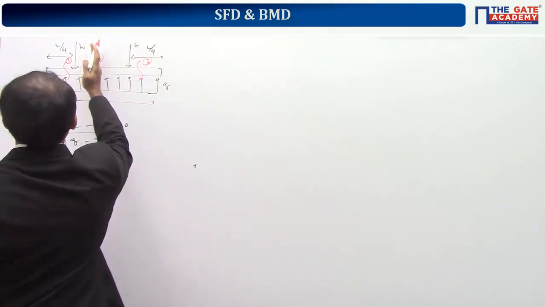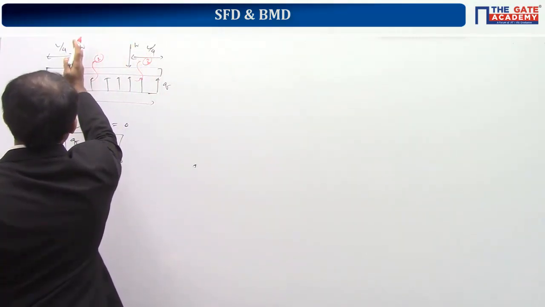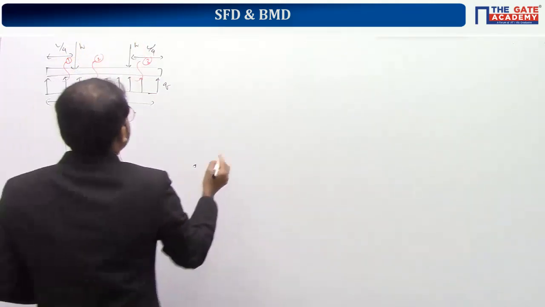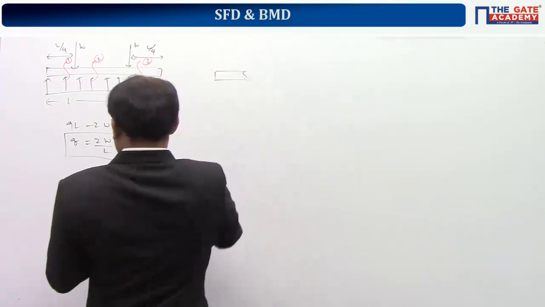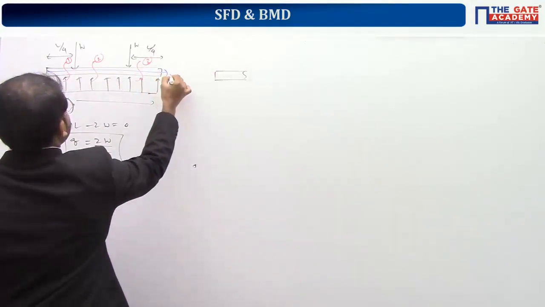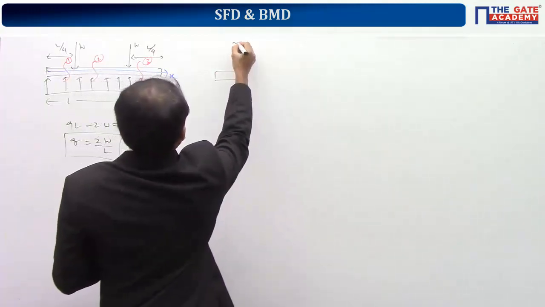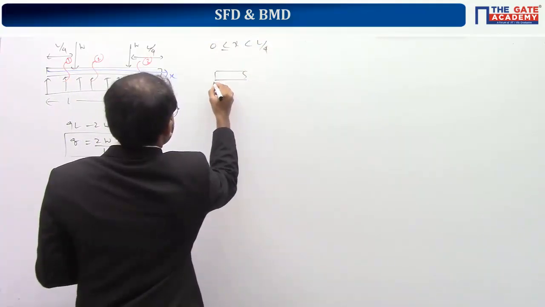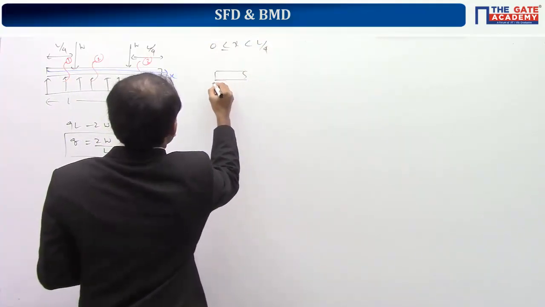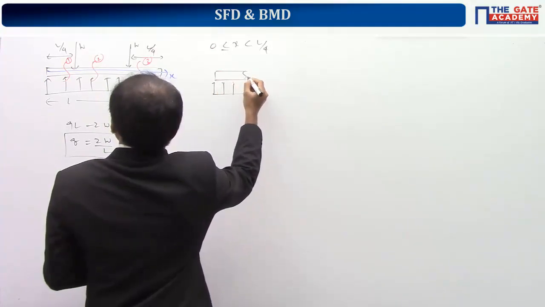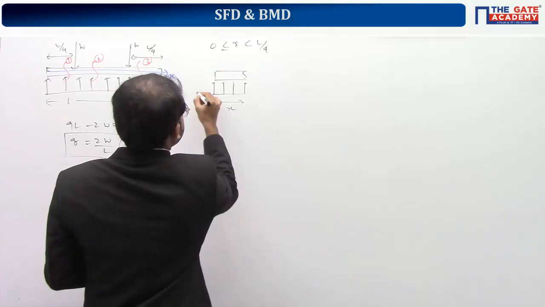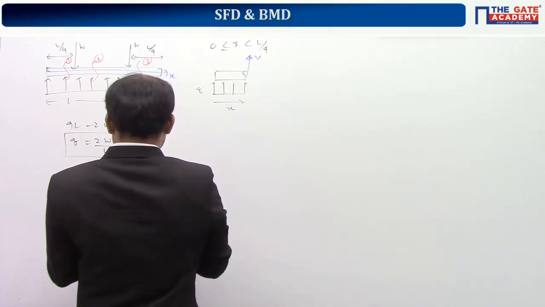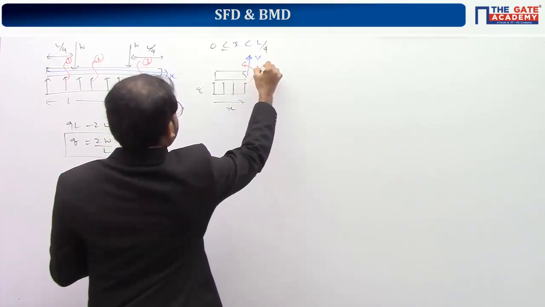The second cut acts as the cut after the first W and before the second W. Here if you take the left part of the first cut and if you take the x-axis like this, 0, L by 4, and we'll be getting this uniformly distributed load, and this distance you should take as x, intensity is equal to q, and V upwards, and we should take M anti-clockwise. It is a point.